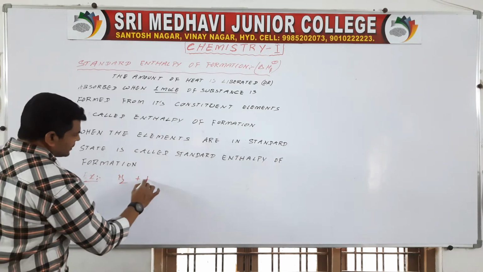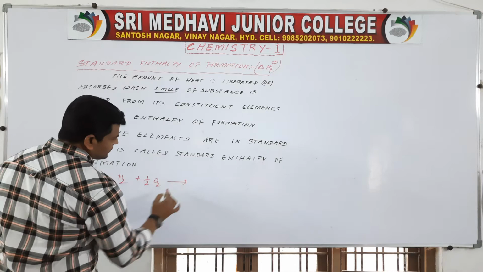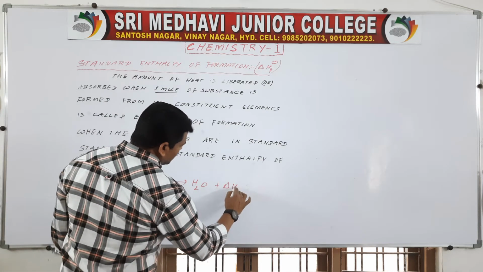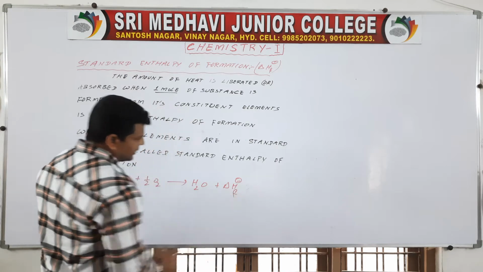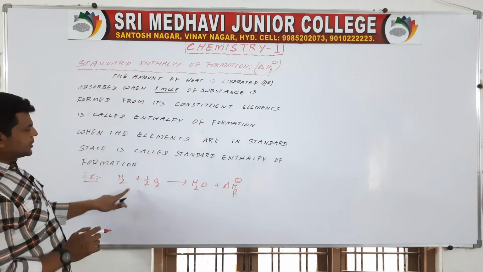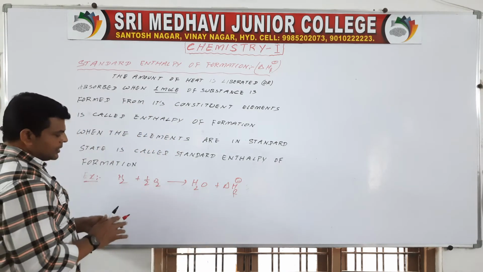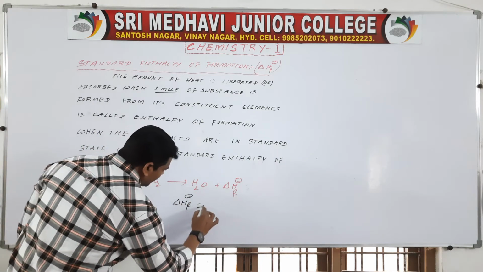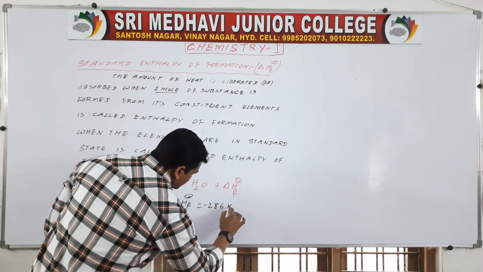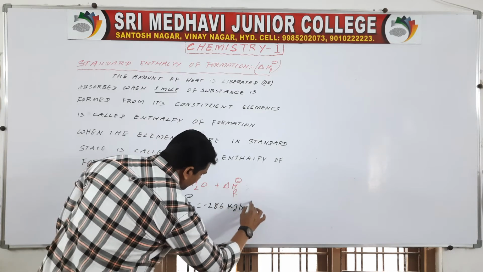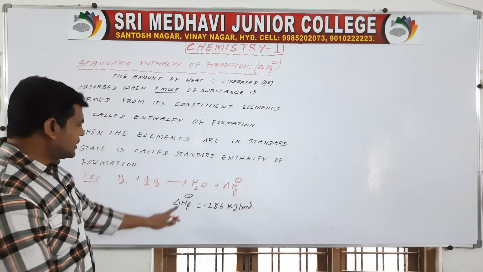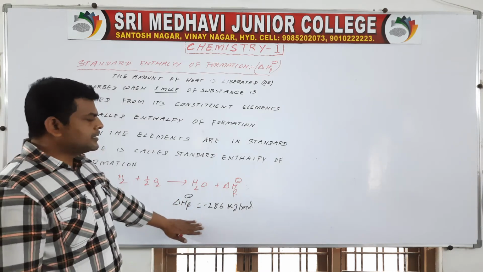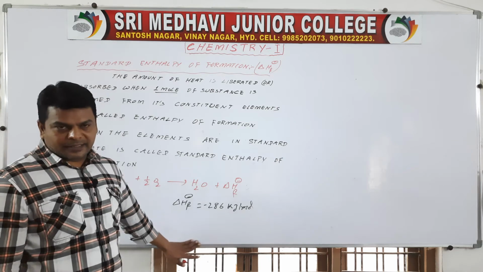For example, H2 plus half O2 gives H2O plus delta H naught F. Here H2 plus half O2 gives only 1 mole. So here delta H naught F equals minus 286 kilojoules per mole, energy is released. So it is an exothermic reaction.